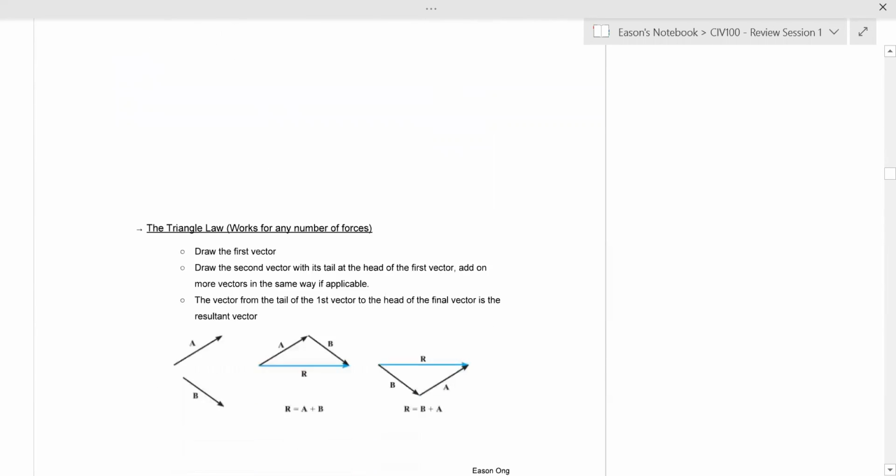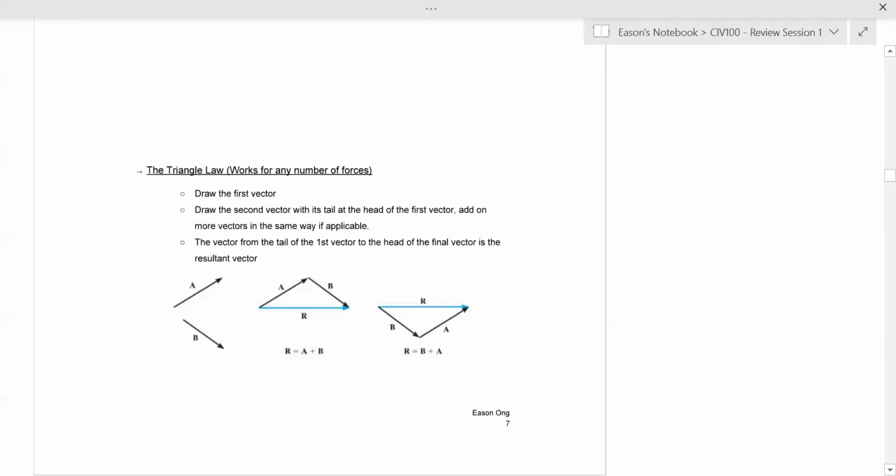Okay. And next one is triangle law, which I'm not going to go too much into because to be honest with you, I only learned that during the first chapter of my CIV100 and I never used it afterwards. There's no way that your prof will ask you to do force additions using triangle law or parallelogram law in the midterm, because there's just too much variation, right?